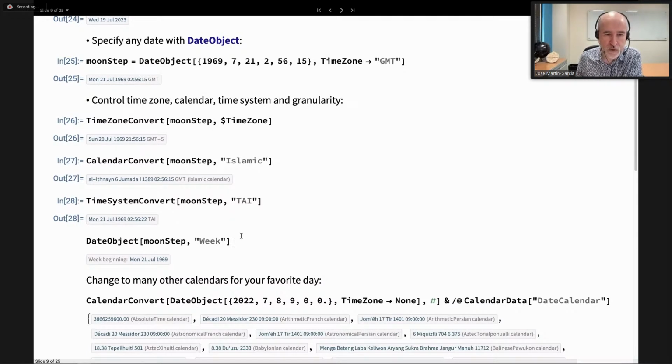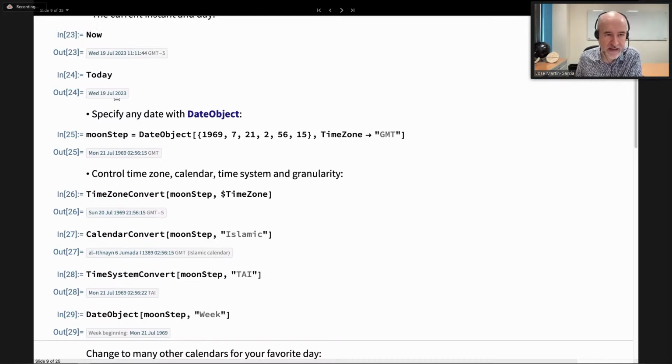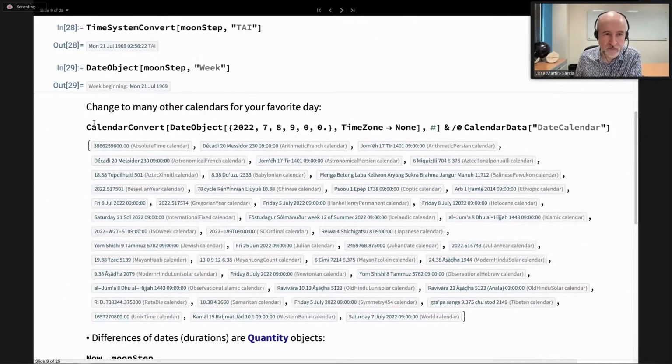We can change what we call the granularity. So that date had the granularity of an instant, right? We specified all the numbers, but we can say I want only weeks, or in this case, I want only the day. Right? We have multiple possibilities for all of those in terms of time zones, time systems, etc.